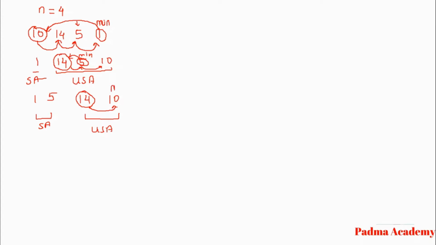Then the minimum element from this array is 10, and we will swap it with the first element that we have selected, that is 14. So after swapping our array will be 1, 5, 10 and 14. So you do not require to compare that element with itself, that is 14 with itself. So this comparison is not required.